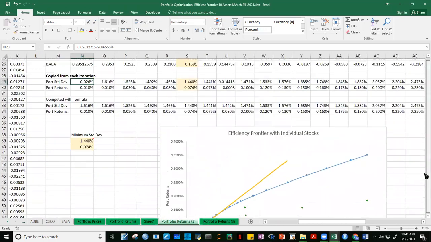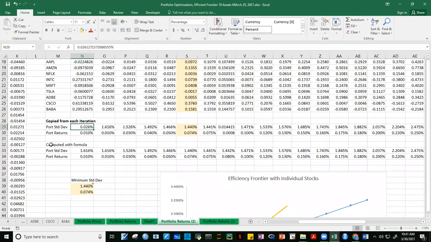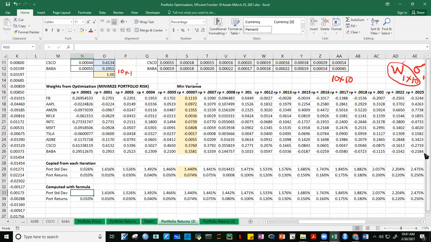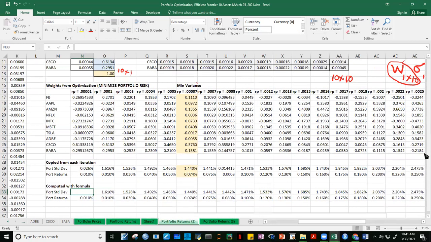Okay, tapos dito, i-check natin, i-compute nga natin with the formula. Let's compute for the portfolio standard deviation, portfolio risk, di ba? Yung M-molt muna, M-molt ng transpose ng weight matrix.